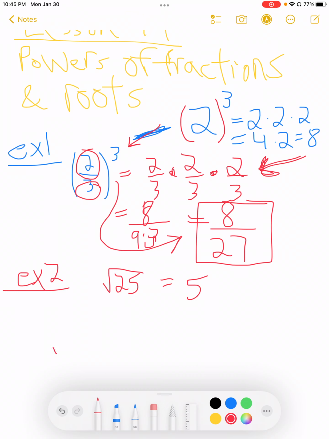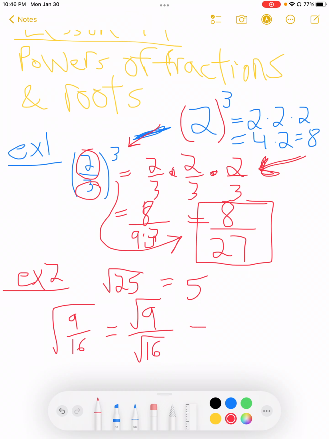All right, so if I went to this example and said, okay, well, square root of 9 over 16, okay? The tricky part about this is that it looks like, oh man, I gotta do a fraction here, right? Well, the nice thing is that you just have to separate it, right? And you just say, oh, it's the square root of 9 on the top and the square root of 16 on the bottom.